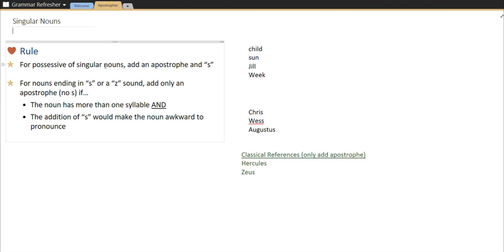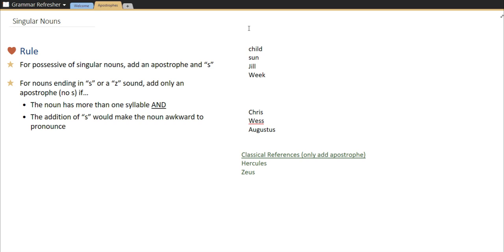Okay, so when we're looking at singular nouns, we only add an apostrophe and an S to make the word possessive. We are not making the contraction with the word is. We're not talking about contractions. We're talking about possession.